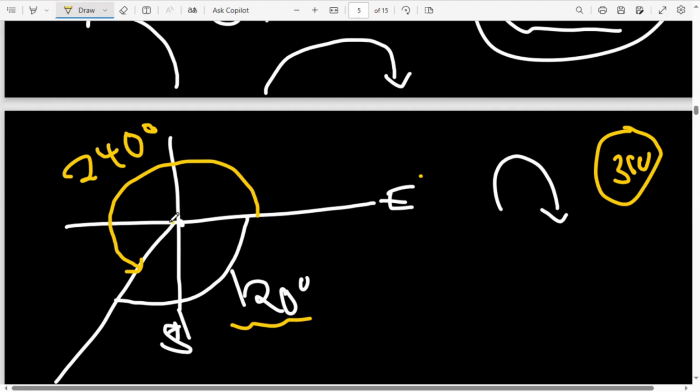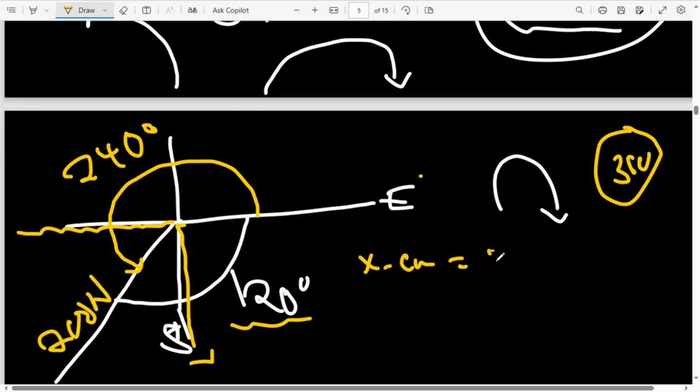So its components are going to be the x component, and then we have the y component like that. So the x component will be, what is the length of this? They said 200 newtons. So it will be 200 multiplied by cos 240. And then the y component will just be what?